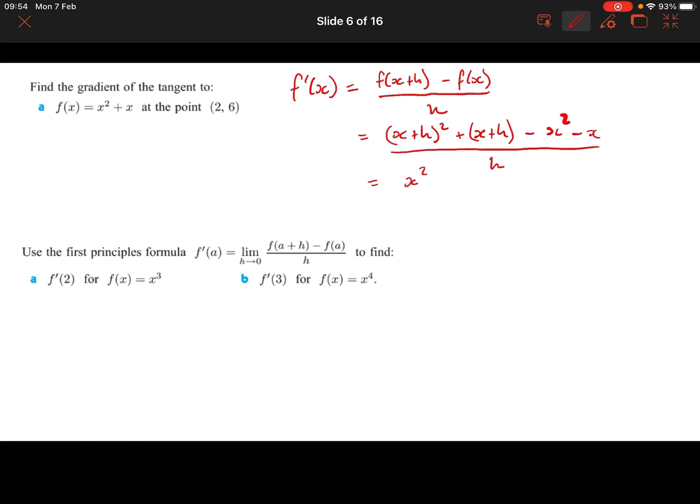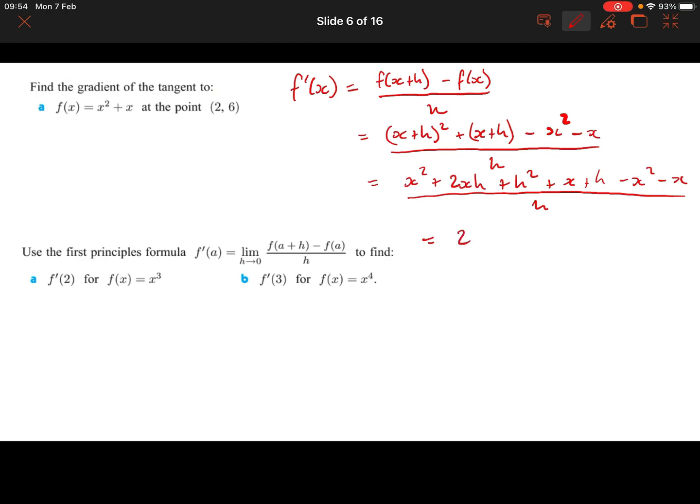So I'm going to get x squared plus 2xh plus h squared plus x plus h minus x squared minus x, all over h, which simplifies. With x squared plus x and then minus x squared minus x, that cancels out.